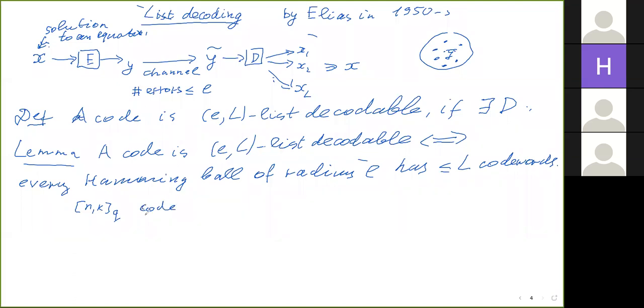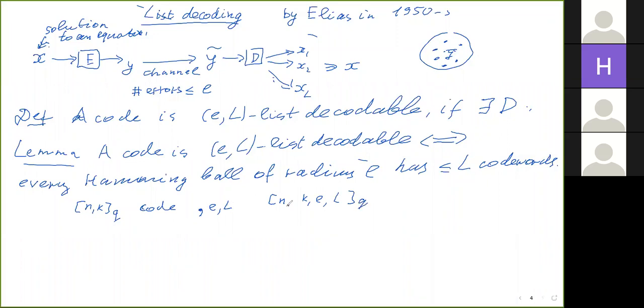So we have three parameters: block length, dimension, and the alphabet. And also we have two other parameters, E and L, for which the code is list decodable. Of course we can write it like that, n, k, E, L, q, if you like.